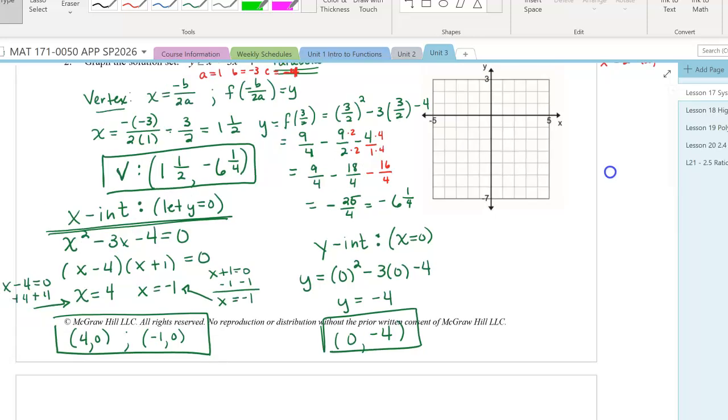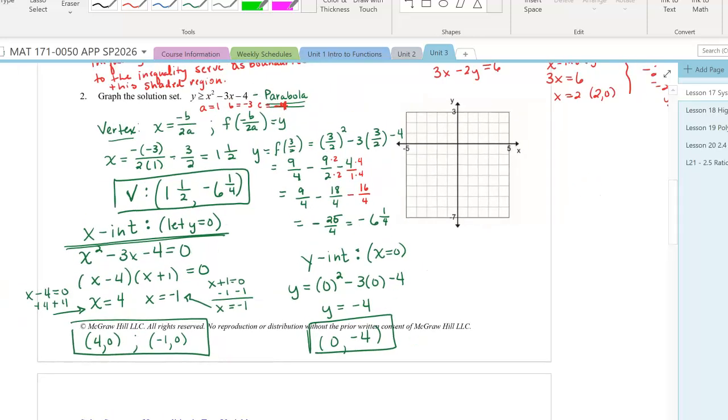So I'm going to go to the graph, and I'm going to start graphing the information I've collected. So 1 1/2, 2, 3, 4, 5, 6 1/4 is somewhere in here. And then I have 4, 0, and negative 1, 0.